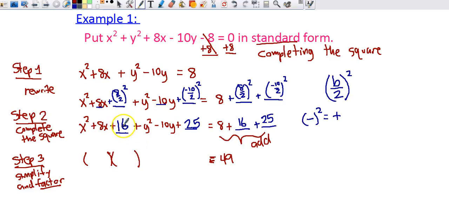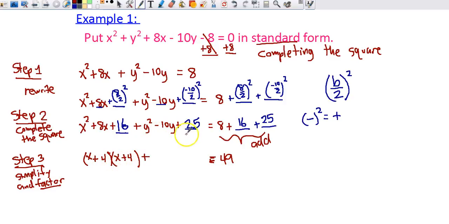What number times itself gives you 16, and are those two numbers both going to give you 8 when you add them? It should be 4. I'm not going to make you multiply it out again, but 4 times 4 is 16, and 4 plus 4 is 8. Same two factors.